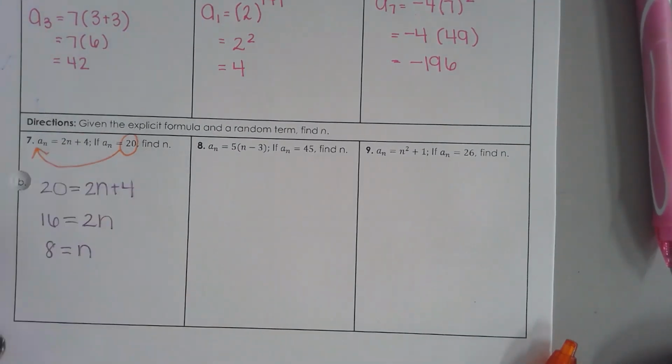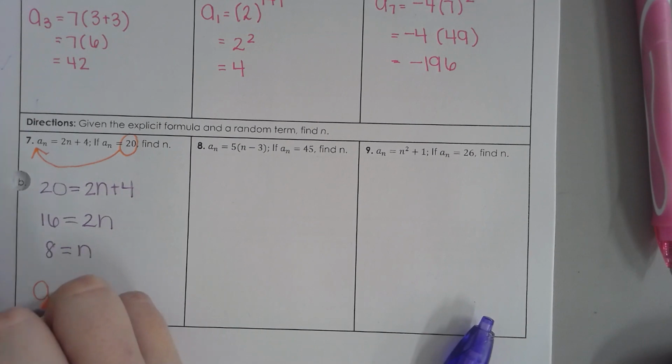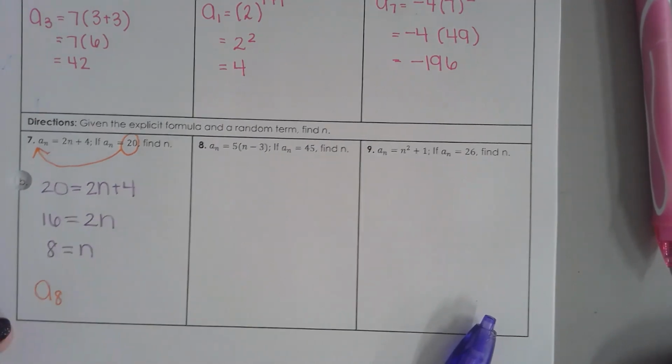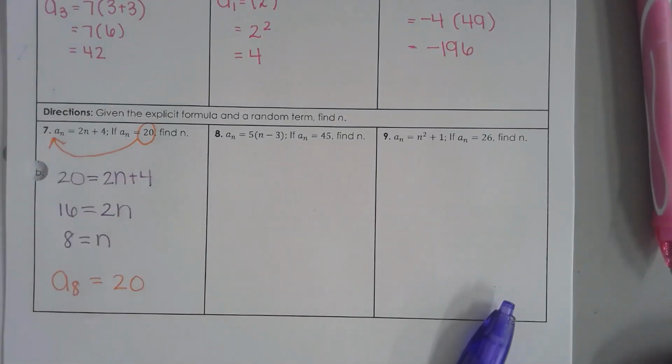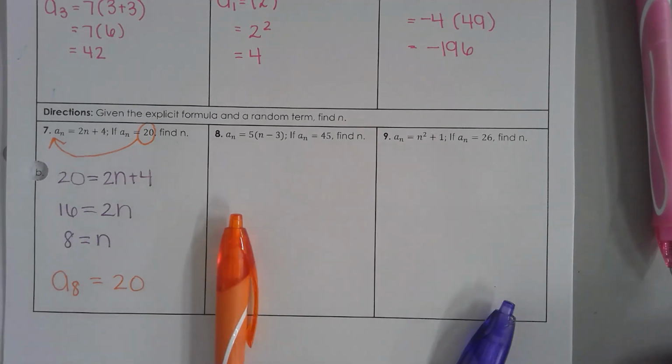So 8 equals n. So what that is telling me is that a8, or the 8th term, is 20. So a8, the 8th term, is a 20. Try 8 and 9 and then check with your partner.